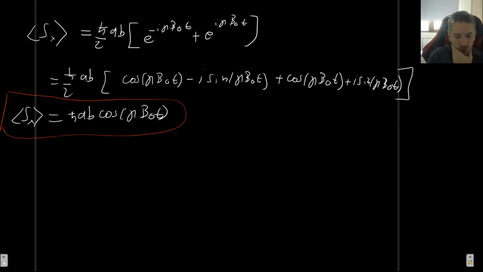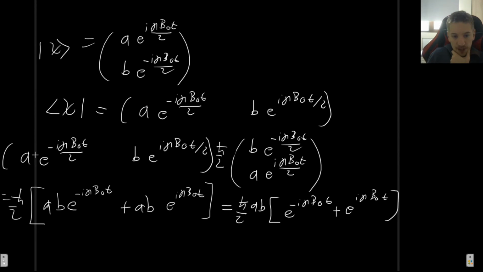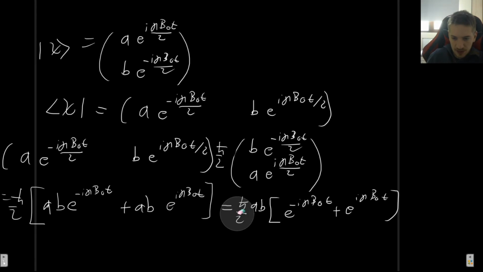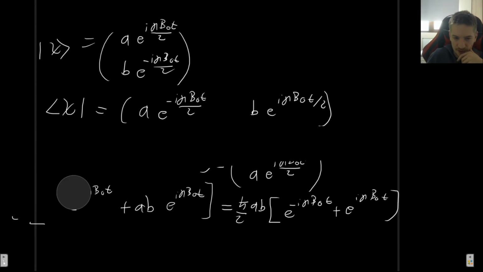Now let's go for the expectation value of y. So I'll come back to this page where we have all of the bras and kets written down. I do have to erase it, I changed it before, so it's fine.